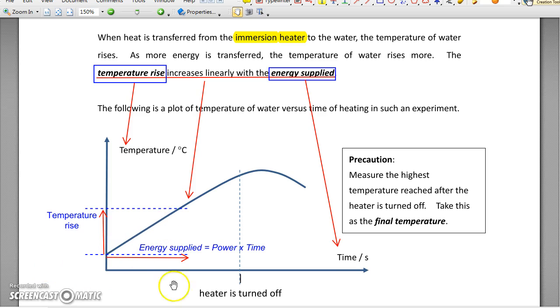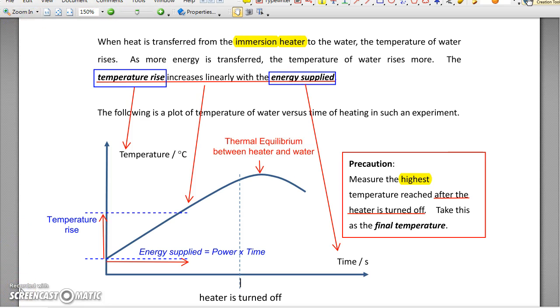And what is interesting is, when the heater is turned off, the temperature keeps rising. Why? Because the heater is still hotter than the water at the time when you turn it off. So it takes time for thermal equilibrium between the heater and the water. That's the end of the video.